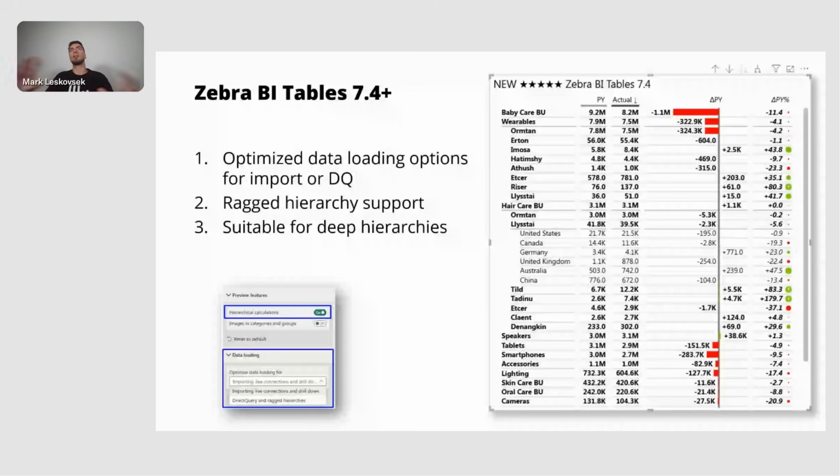Do you want to load the entire data set at the start, which can be useful for DirectQuery, because each and every subsequent change then will not again trigger the query back to the source? So this can be a good solution. Or you want to just display and query the visual state, right? So if you have everything collapsed, the initial load will be really, really fast.